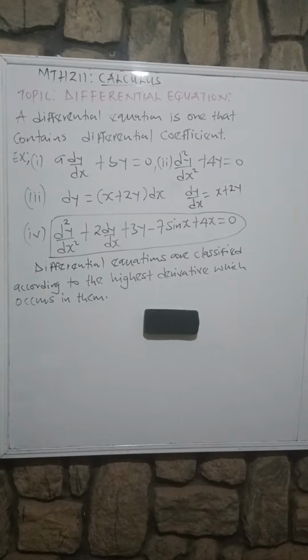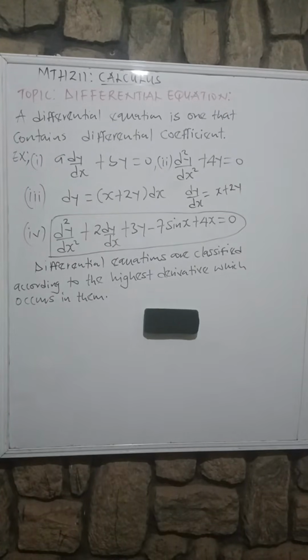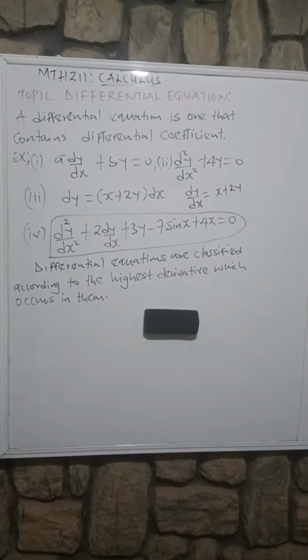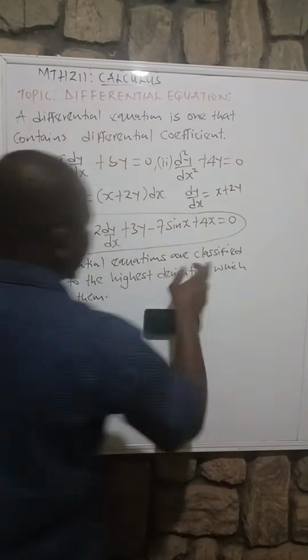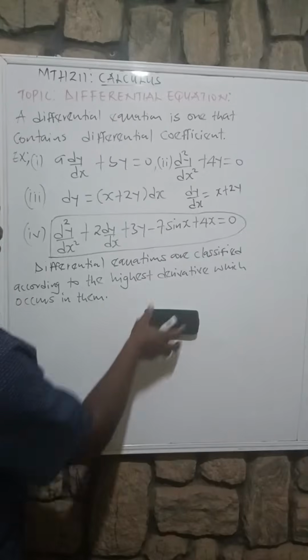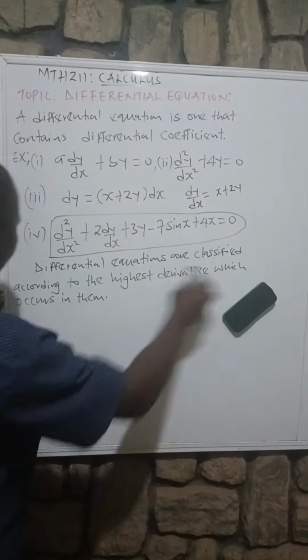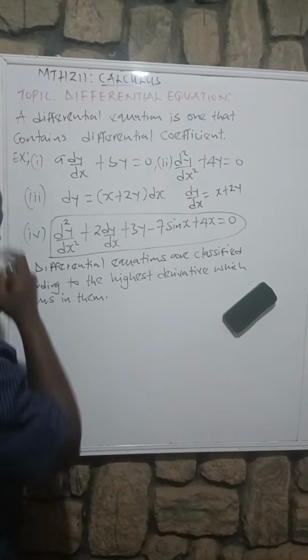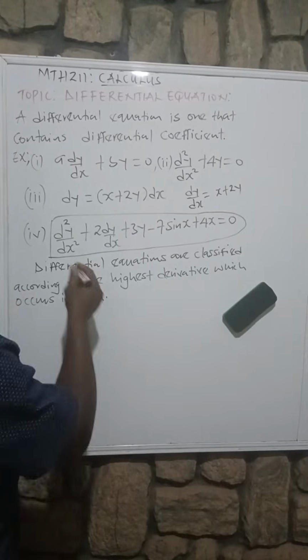Okay, so let's go ahead to explain the last sentence that says differential equations are classified according to the highest derivative which occurs in them. So, okay, let's look at this.